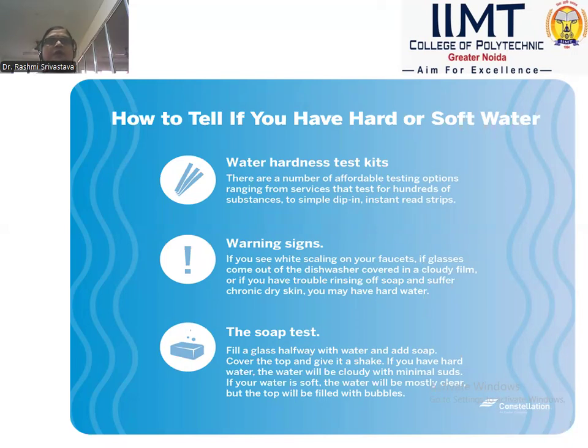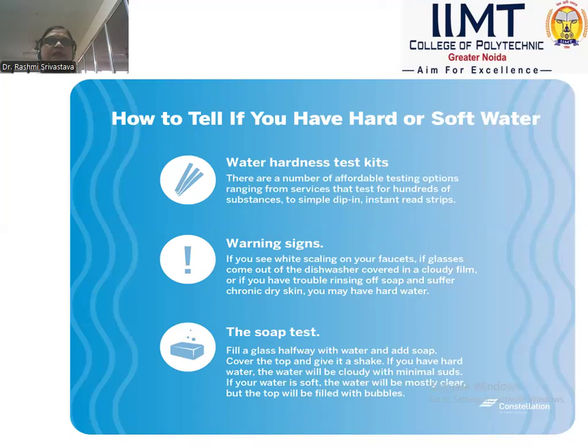There are a number of alternative testing options, and you can identify whether the water is soft or hard by using a test strip in the water; the green or red color tells you whether the water is hard or soft.